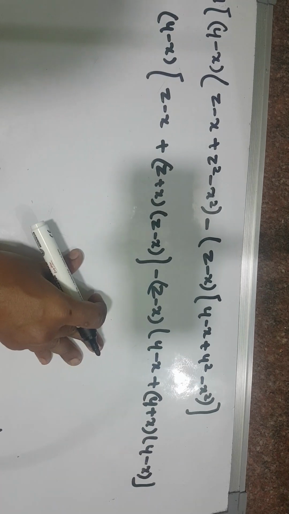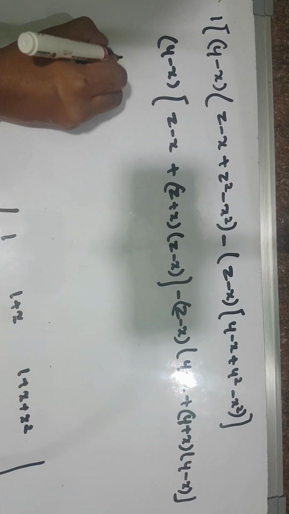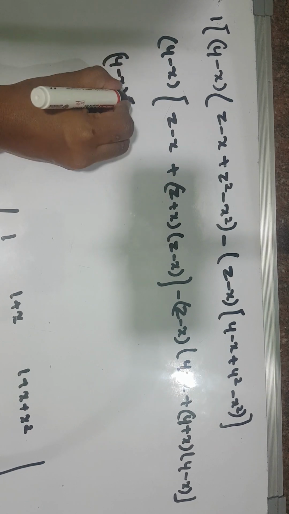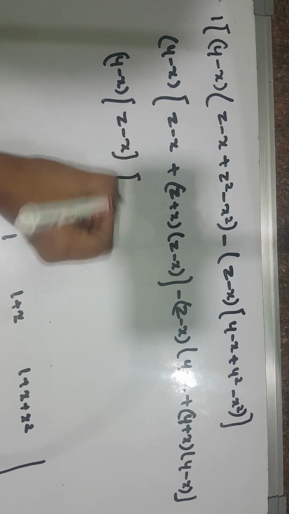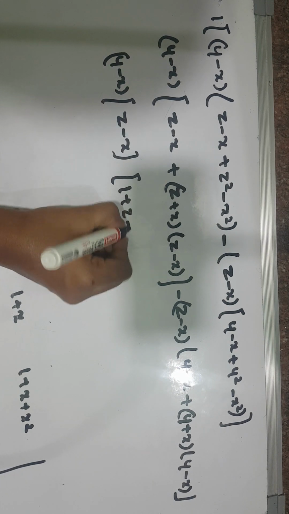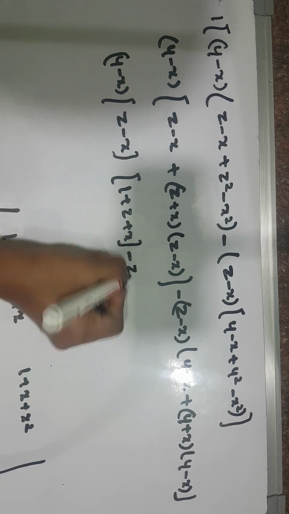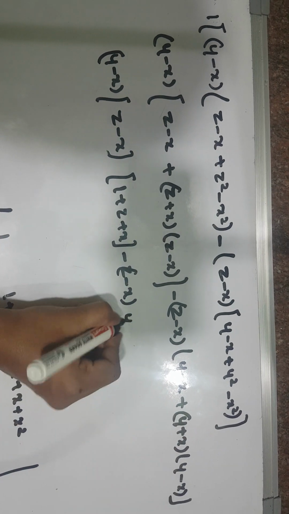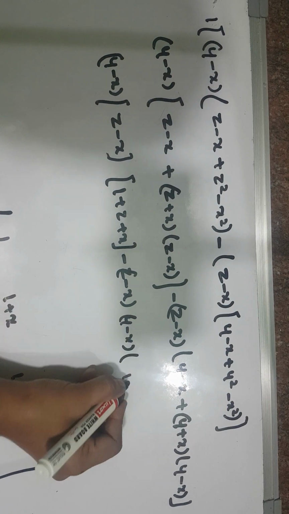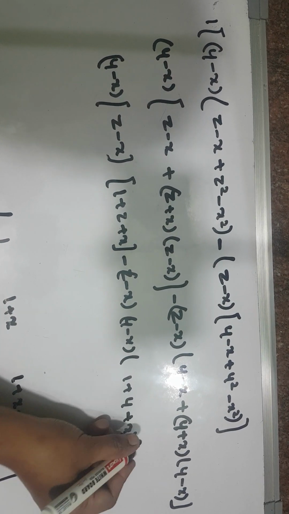Now y minus x into, taking z minus x common, 1 plus z plus x, and here also z minus x into, taking y minus x common, y minus x into 1 plus y plus x.